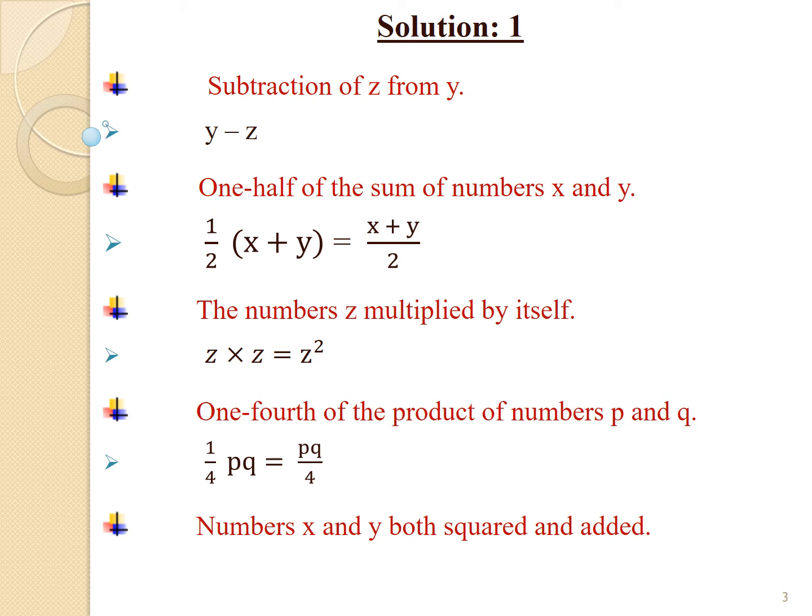Thus, when x and y are both squared, we get x square and y square. Then, adding y square to x square, we get x square plus y square. Thus, the expression for this statement is x square plus y square.